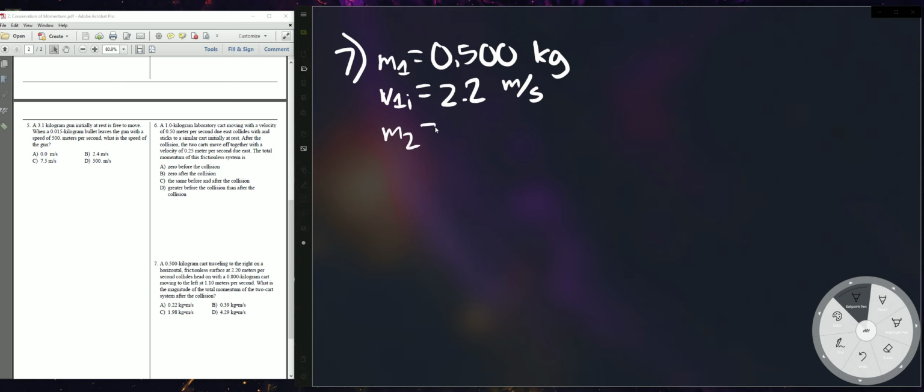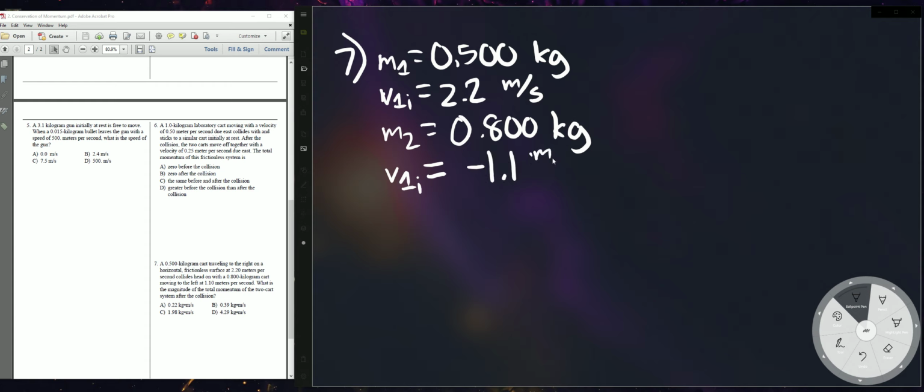So mass 2 is 0.800 kg. So this time the car is moving to the left, so the velocity is going to be negative 1.1 meters per second because it's going to the left. What is the magnitude of the total momentum of the two-cart system after collision?